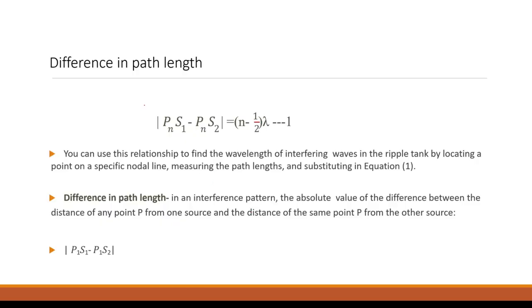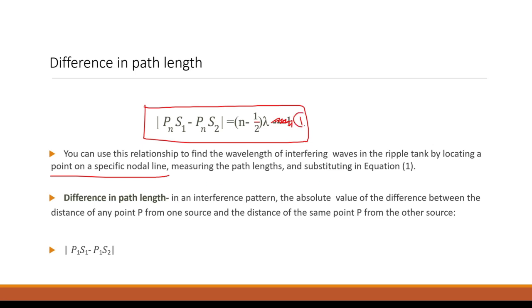And so we have this nice equation for the nth nodal line. So we can use this relationship to find the wavelength of interfering waves in the ripple tank by locating a point on a specific nodal line, measuring the path lengths, and substituting in equation 1.